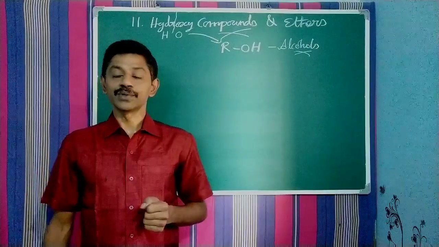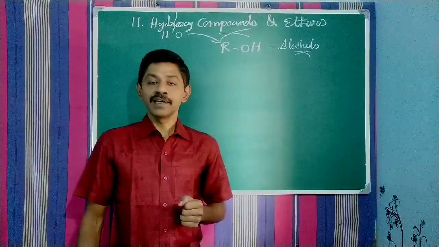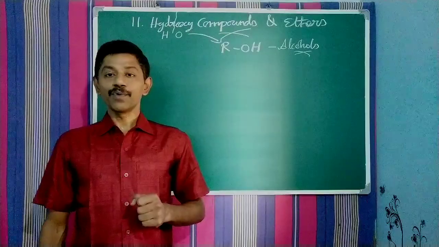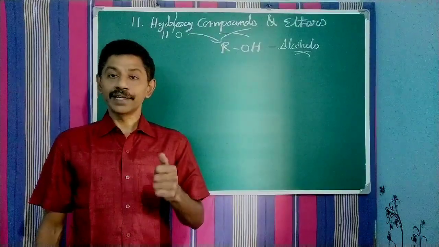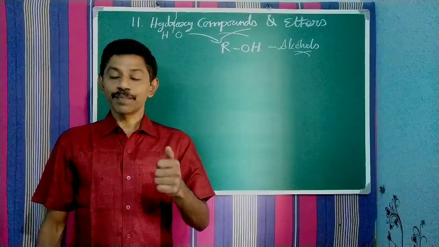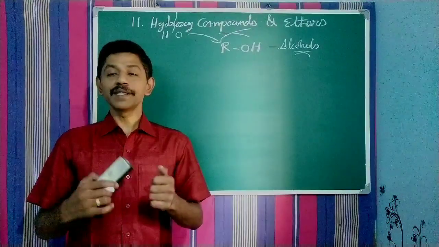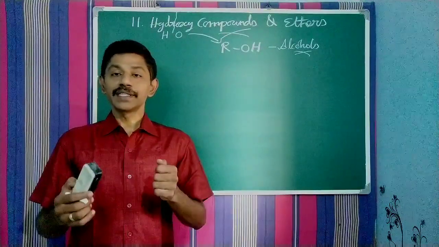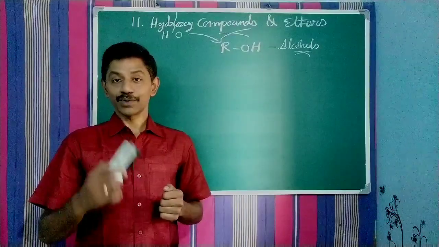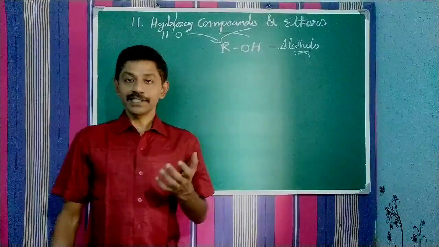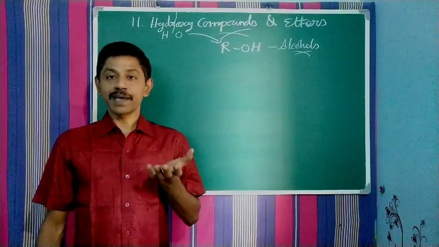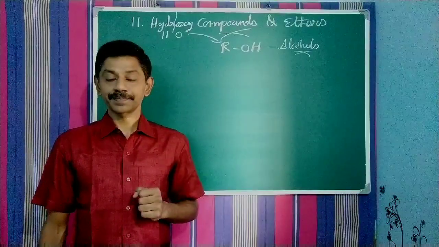The elders used to suggest the younger ones about the intake of more of carrots, more of greens, and more of papaya. All of them will supply vitamin A to our body, that is retinol to our body. That will enhance the vision capacity of human beings.